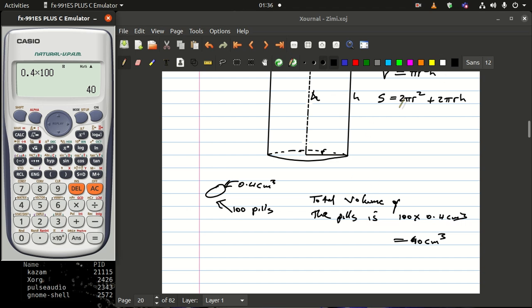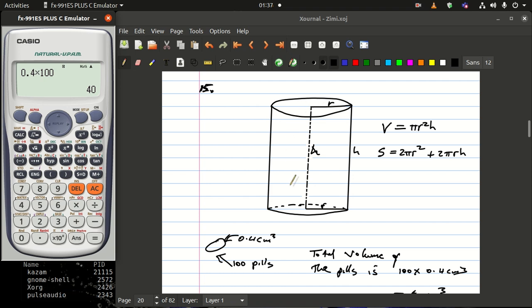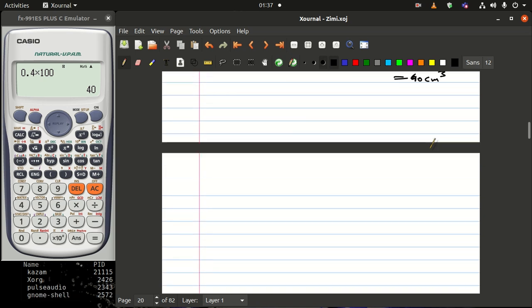Yes, because these 100 pills need to be inside this cylinder, the total volume of this cylinder must also be 40 centimeter cube. So we have this equal to that.